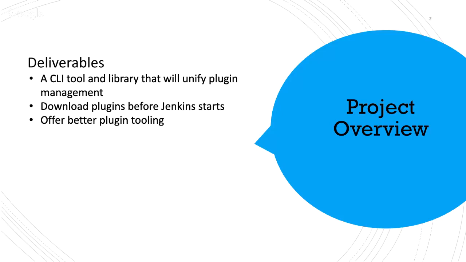And then there's the library, which will serve as a unified way to do plugin management. Some of the key features will be that we can download plugins before Jenkins starts, and it'll also offer better plugin tooling.